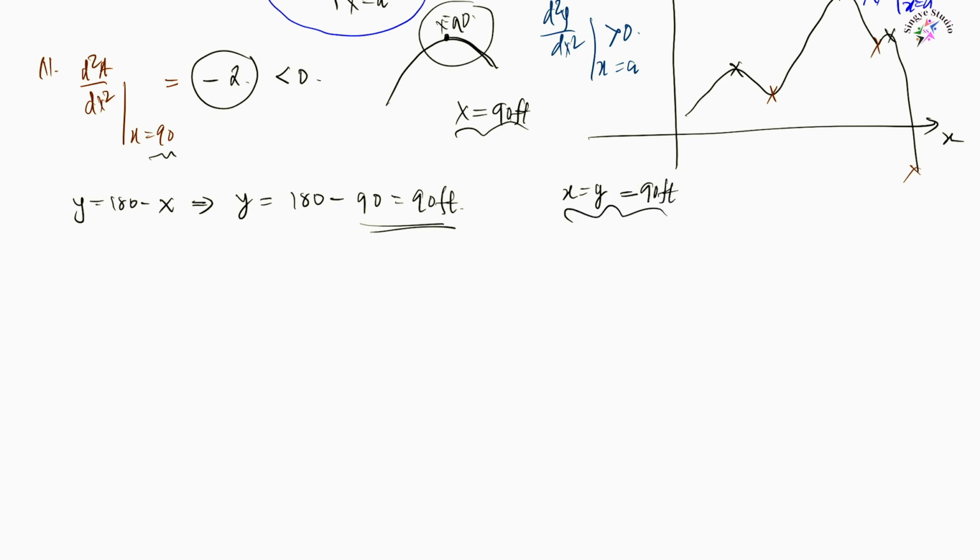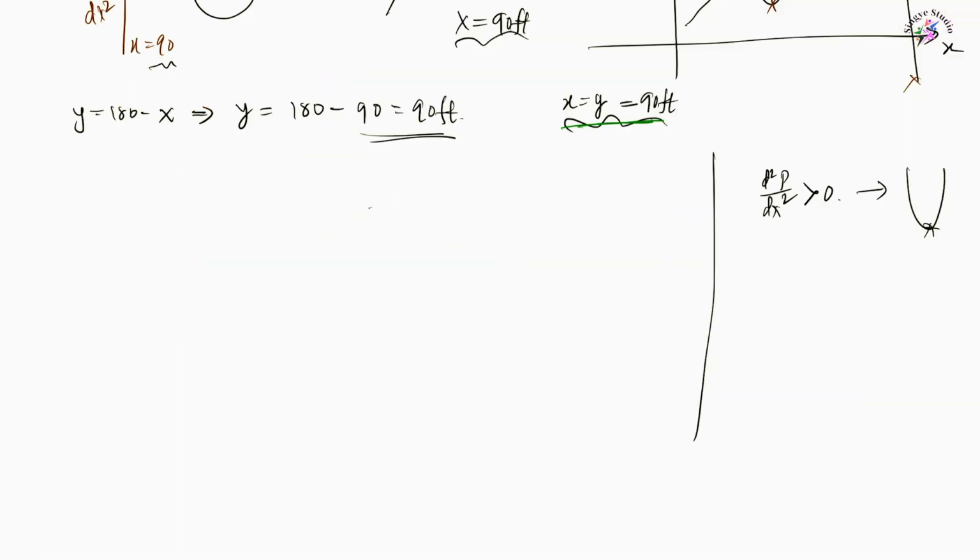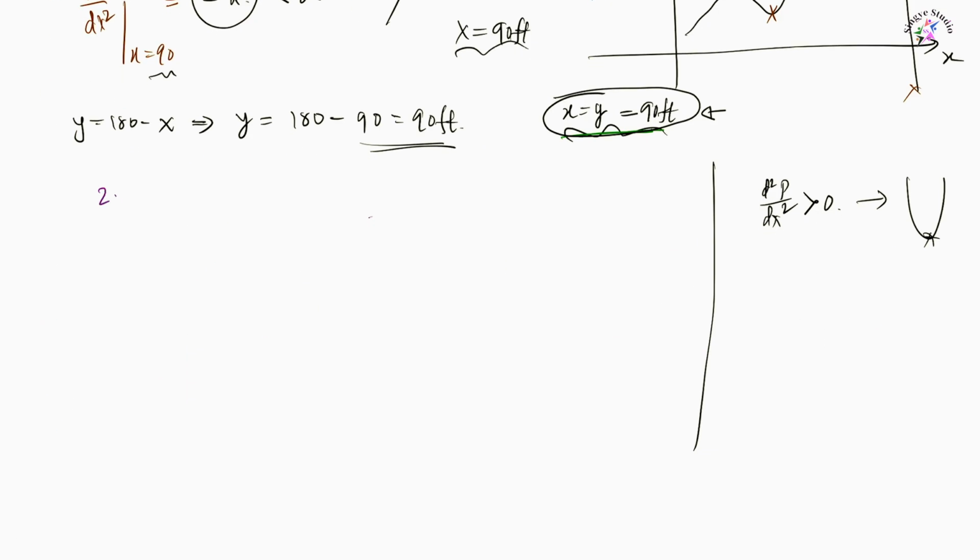And we have also proved geometrically that when we choose x equals y equals 90 feet, we will have the maximum area. Now let's cross check whether, when we choose x equals y equals 90 feet, we are able to cover this with 300 feet of fencing or not. So for this we have 2y plus 2x minus 60 equals 300, right?